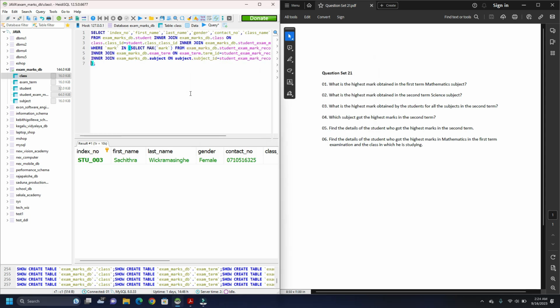And lastly, we write the condition to get the highest mark in the first term of mathematics.